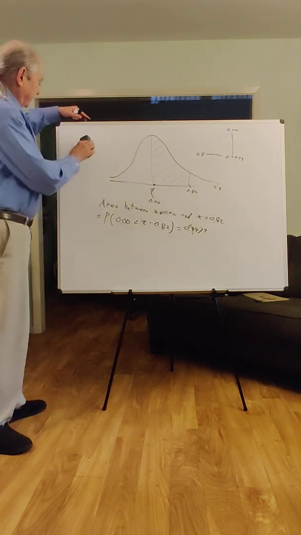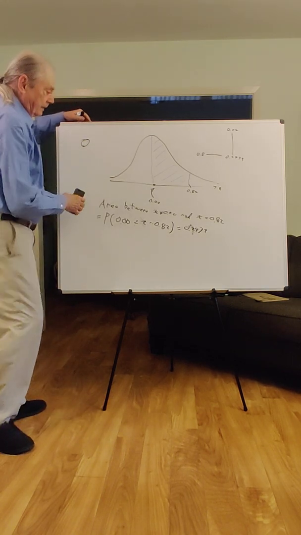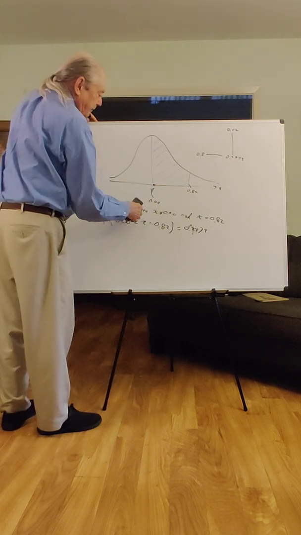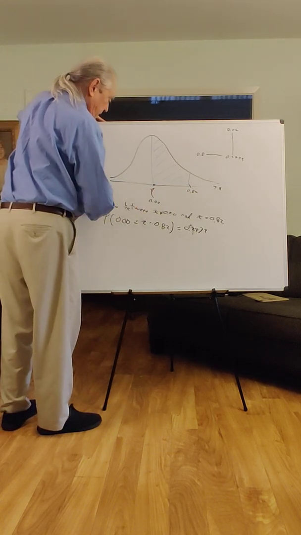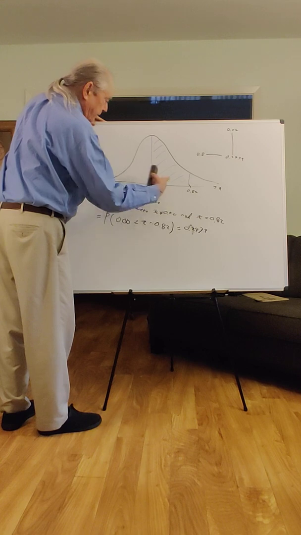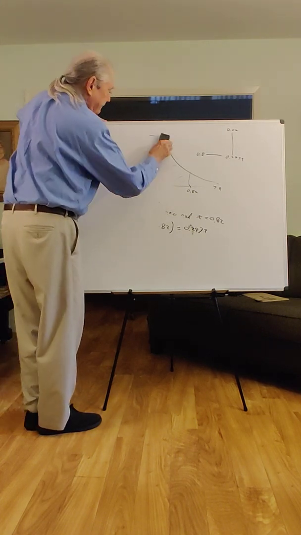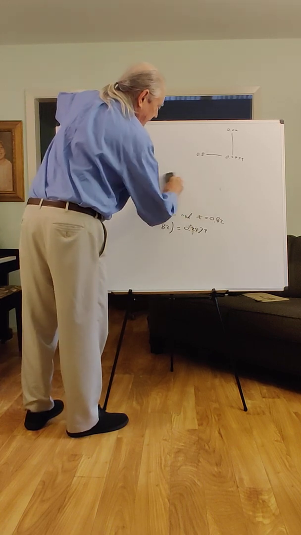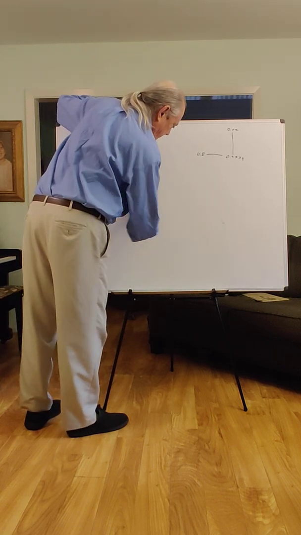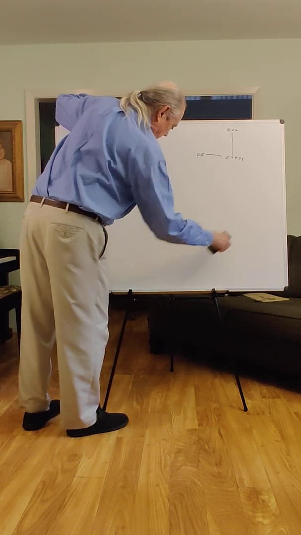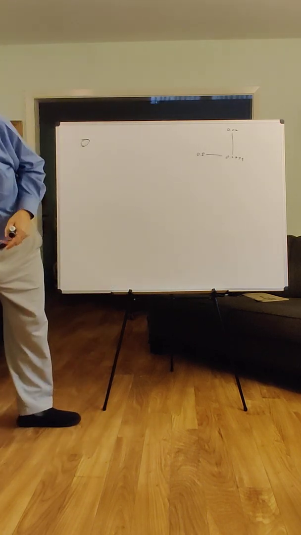Okay, so our second problem is, suppose this value had been negative. So we go from minus 0.82 to 0. All right, let's see how that goes.